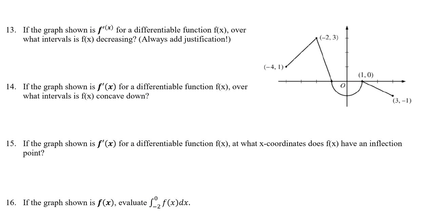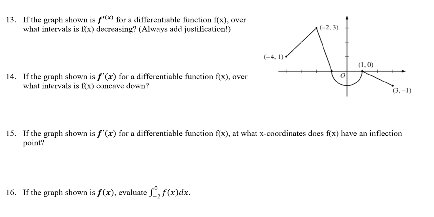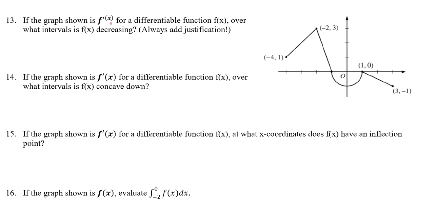All right, now we're working with a geometric graph here. And we're doing relationships between derivatives and integrals. So if this is the function f prime of x, for some differentiable function f, over what intervals is f increasing? So if this is the derivative, then these are the slopes.